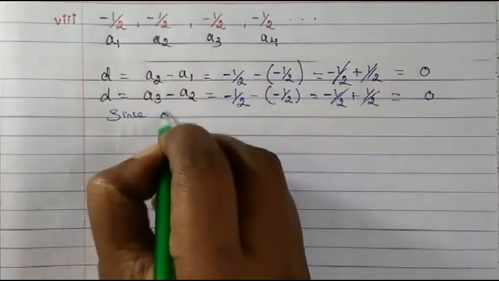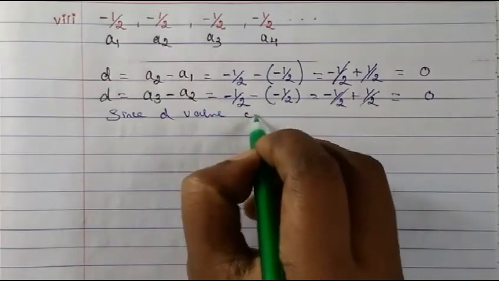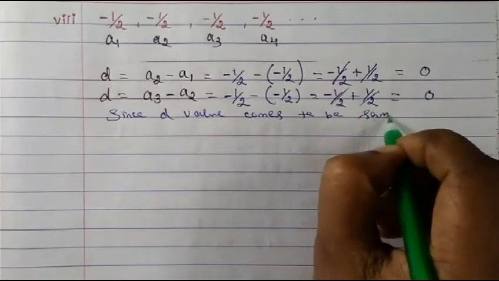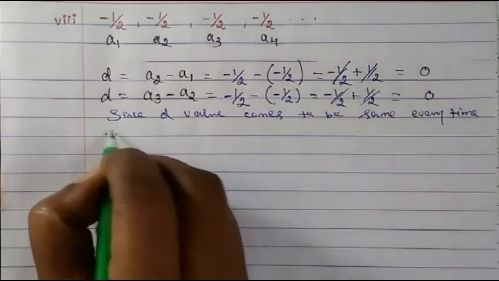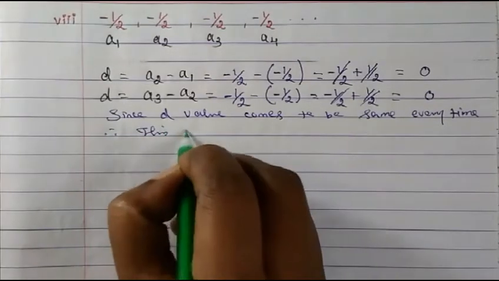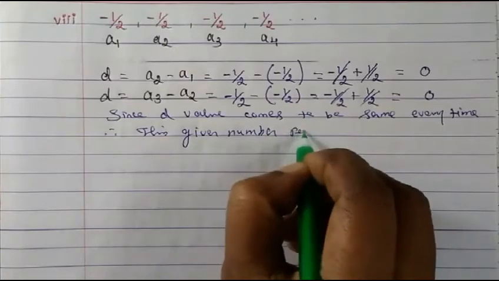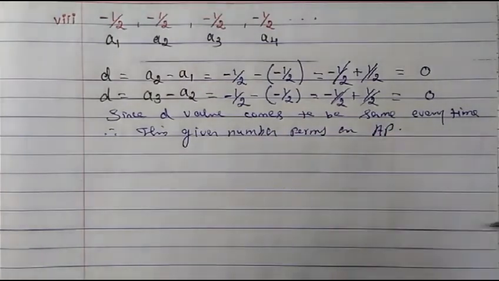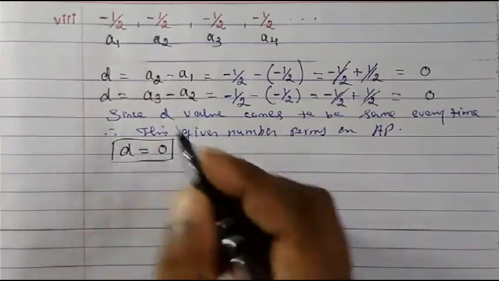You can write it like this also: the D value comes to be the same every time, therefore this given sequence forms an AP. So what is the D value? D value is 0.